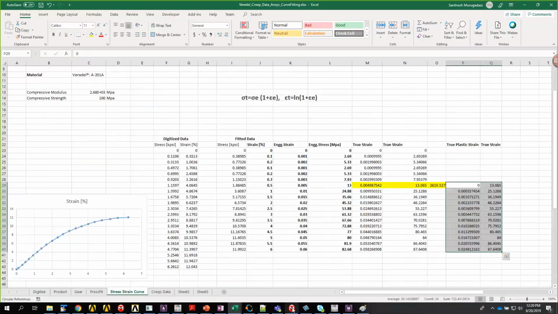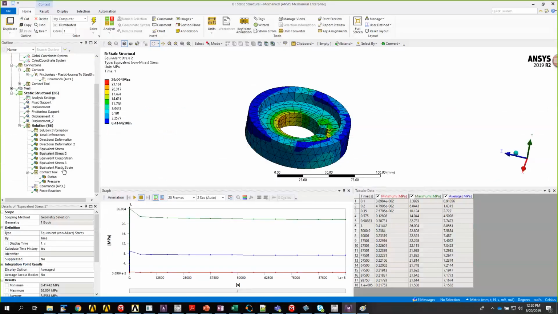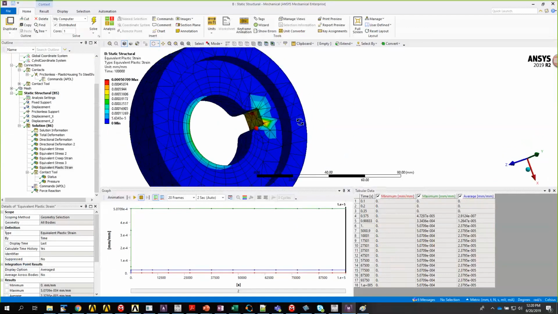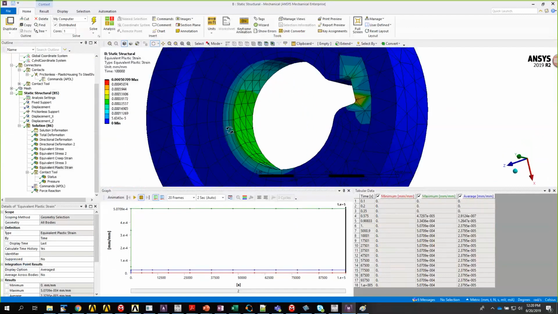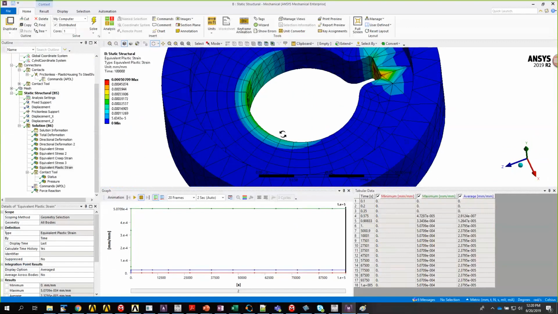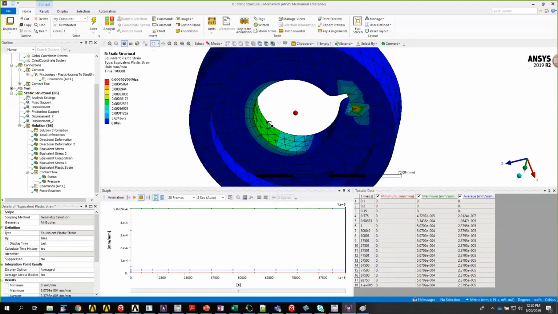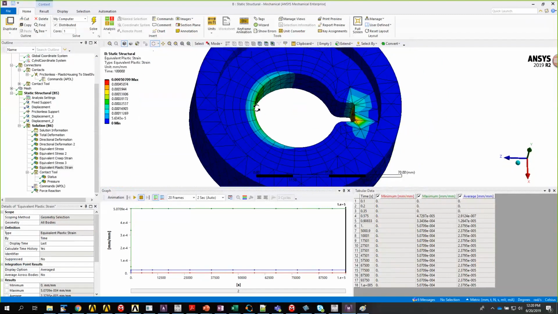Without the correct stress strain curve, see, sometimes this material has undergone some amount of plastic strain also. As you can see, there is some kind of bulk yielding here and local yielding here. So this portion is not going to come back after you remove the shaft.